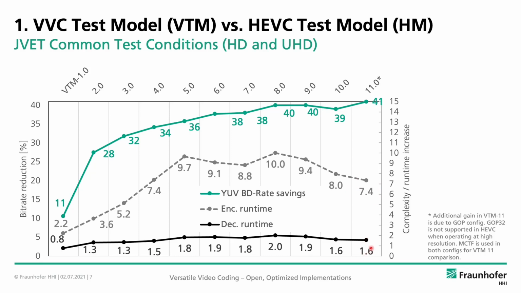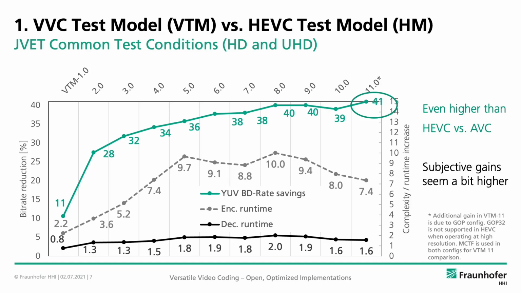Decoder runtime is 1.6. This is quite moderate. So we have been monitoring this to make the implementation on the decoder sides and devices and chipsets very easy. But on the encoder side, there's a lot of room for potential improvements.